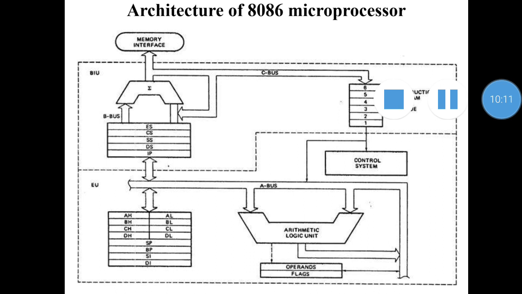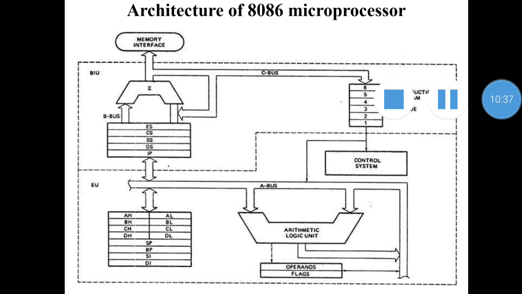So the execution unit and the bus interface unit both operate in parallel but independently, and this makes faster execution of data or instructions.